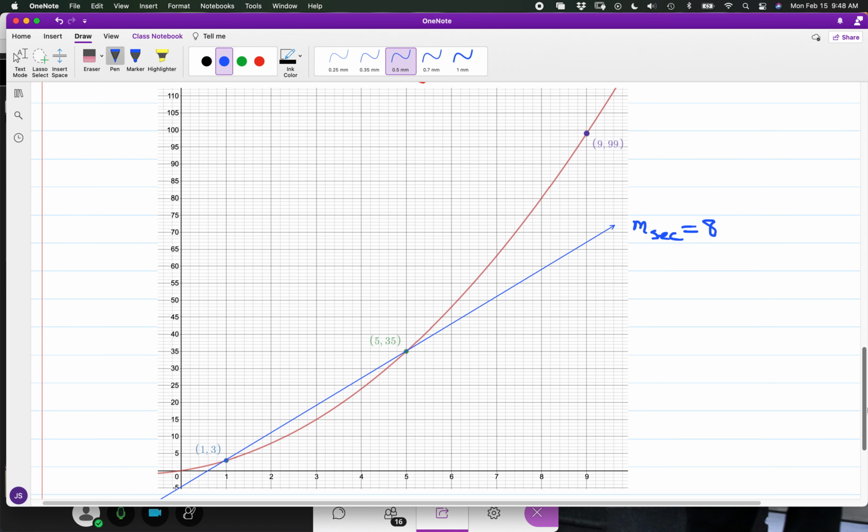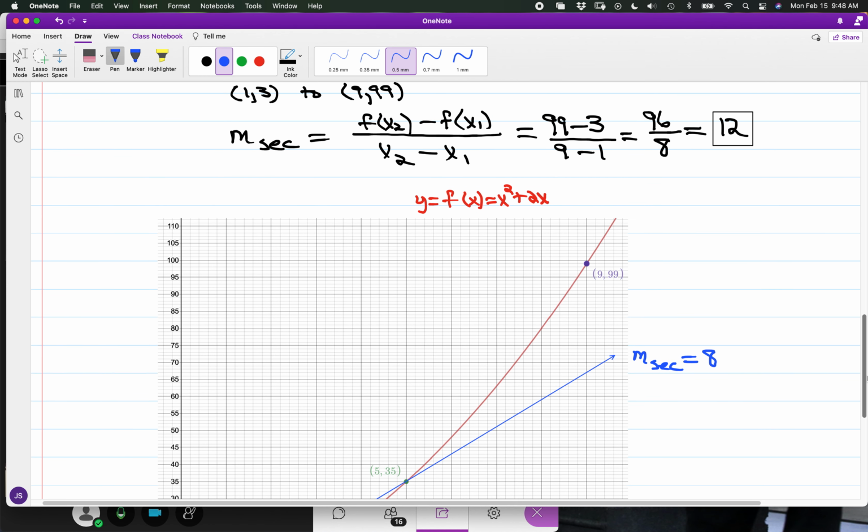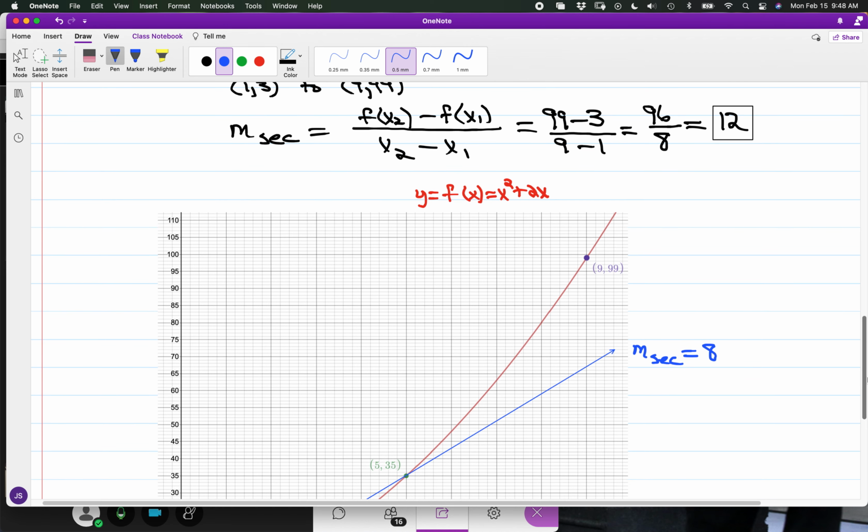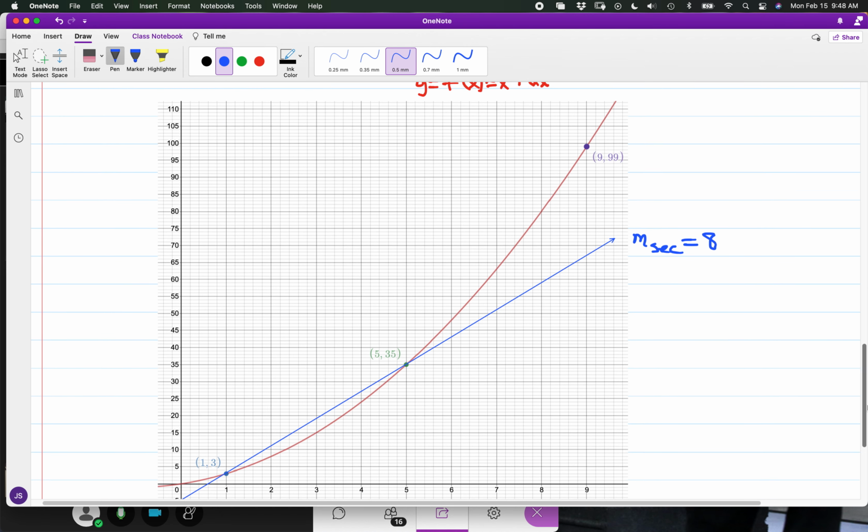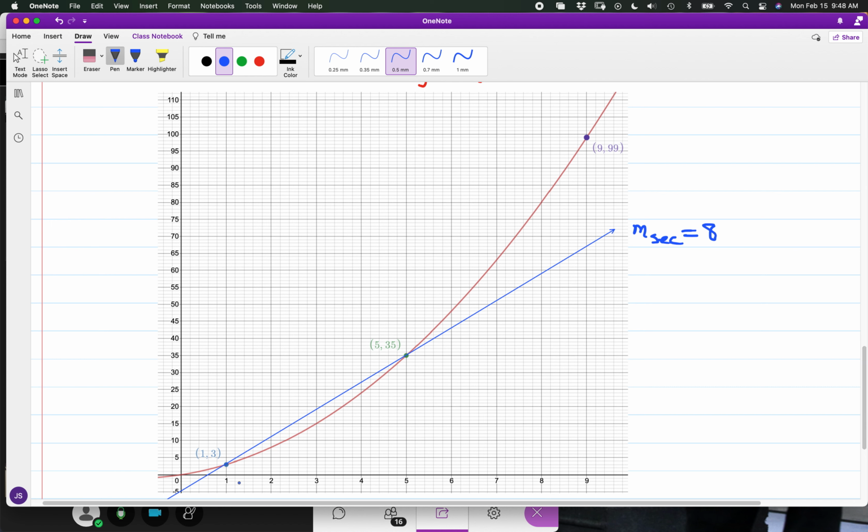And again, we had a different secant slope value going from x equals 1 to x equals 9, where we had 12. And just as a visual, you had the entire graph of y is equal to x squared plus 2x, and between x equals 1 and x equals 5, just using this straight line to compute, like using the law of averages, you have the average rate of change at 8, at least between x equals 1 and x equals 5.